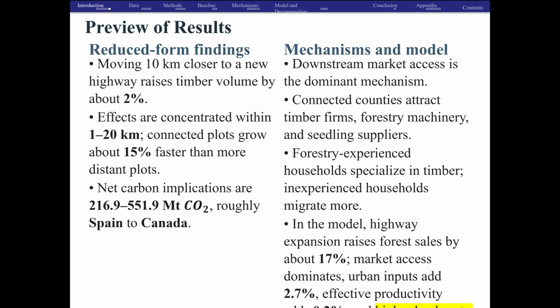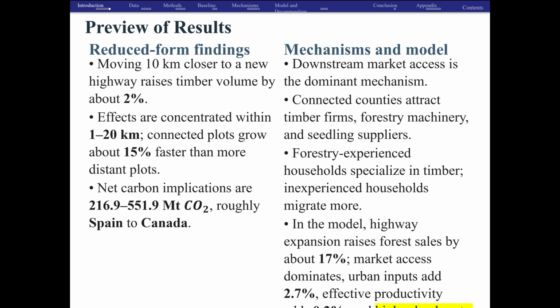We also have a binary estimation indicating that within the 20 kilometer distance, if there's a highway, the forest volume of the plots we studied grows about 15% faster than plots outside this 20 kilometer zone.